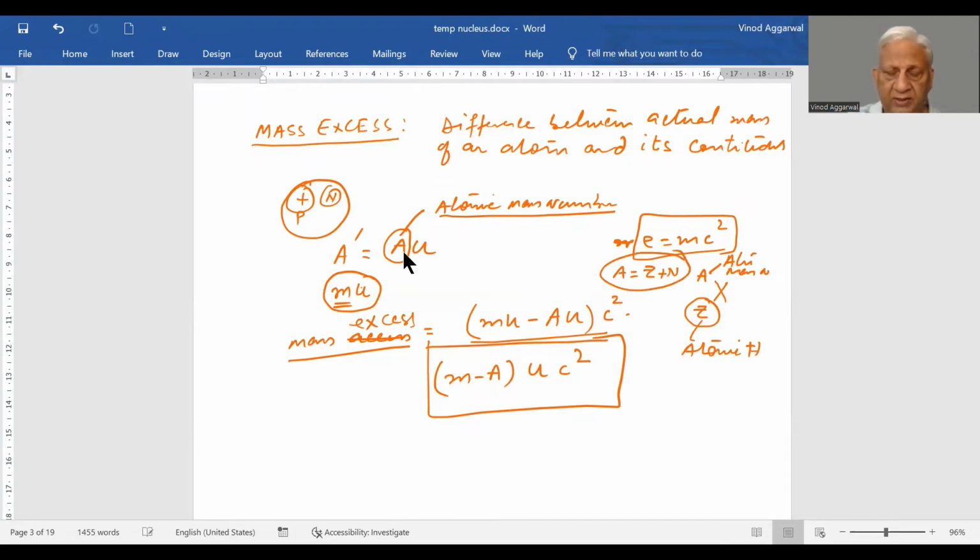So we can say this is calculated as per the constituents, and this is mass of the nucleus as a whole. So there's a difference between the two, between the constituents and the whole mass. And this is coming because of a factor called energy, which is making these two entities different.